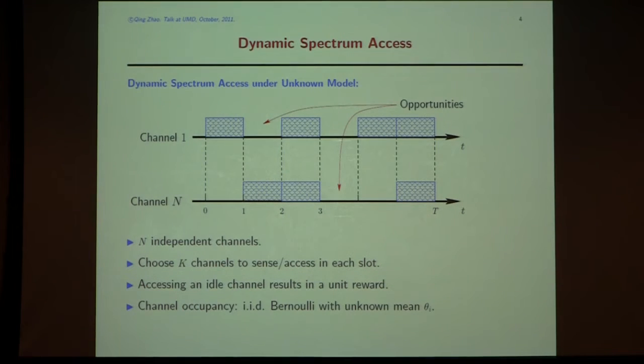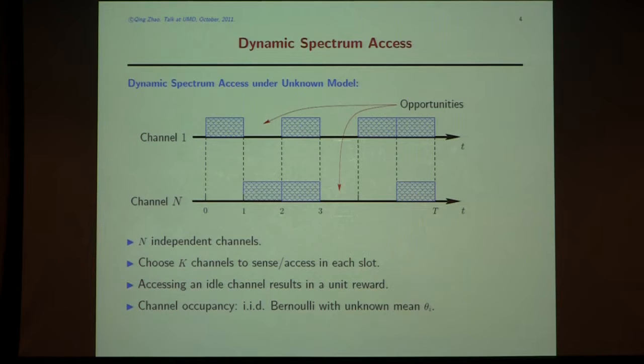A more recent application that we have considered is in cognitive radio networks for dynamic spectrum access. Suppose we have n channels in the spectrum that is allocated to a primary network, which uses a slotted structure. The secondary user tries to search for idle slots to maximize its own throughput.